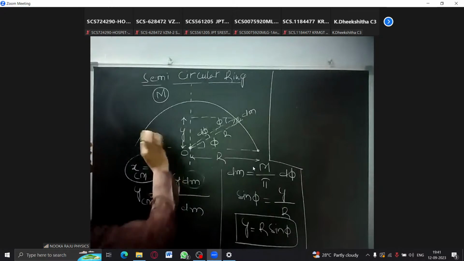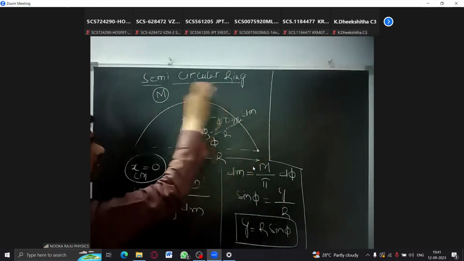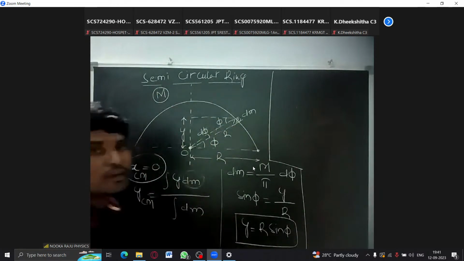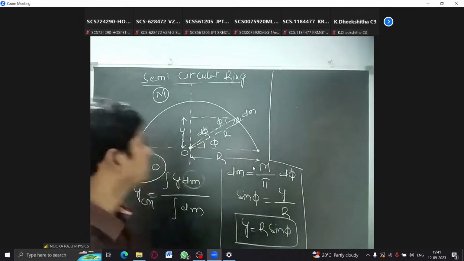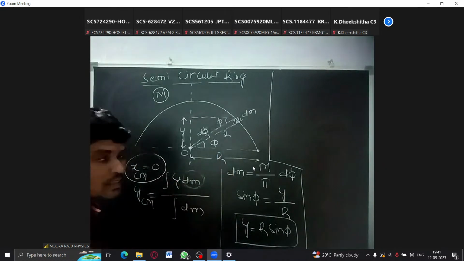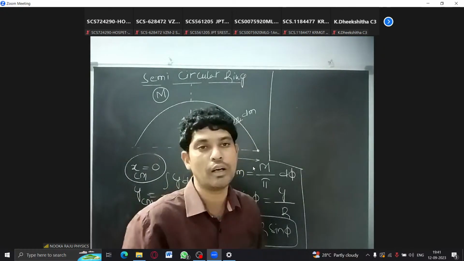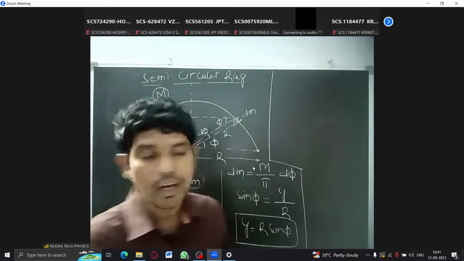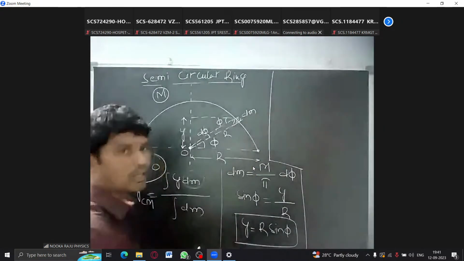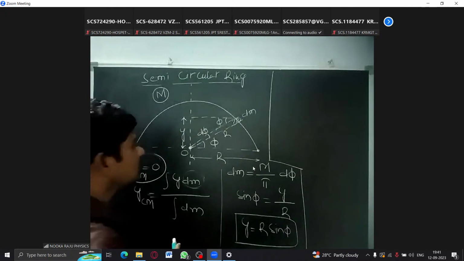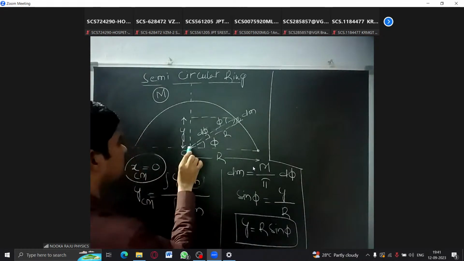So this is a semicircular ring. This is not a complete ring, just half of the ring, a semicircular ring. So now, how can you calculate the center of mass of the semicircular ring? Assume the radius of the semicircular ring is r. Along the x-axis, I want to fix one point.